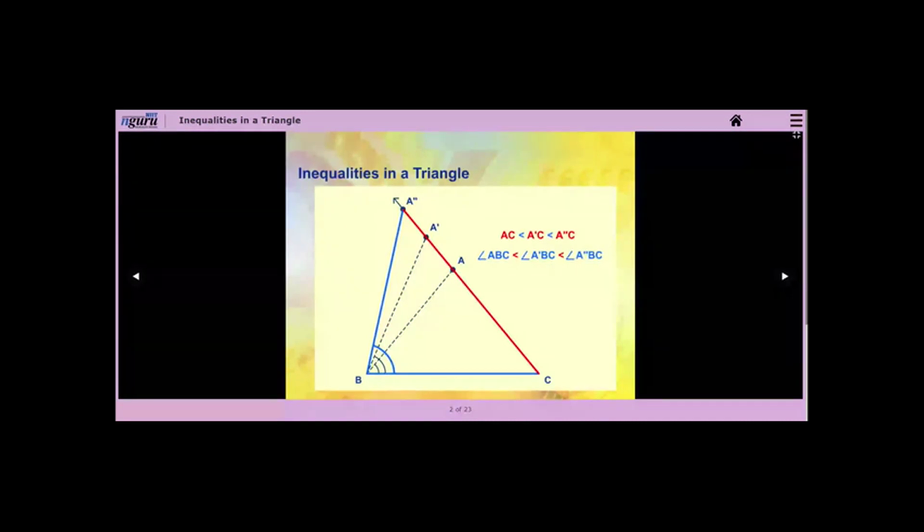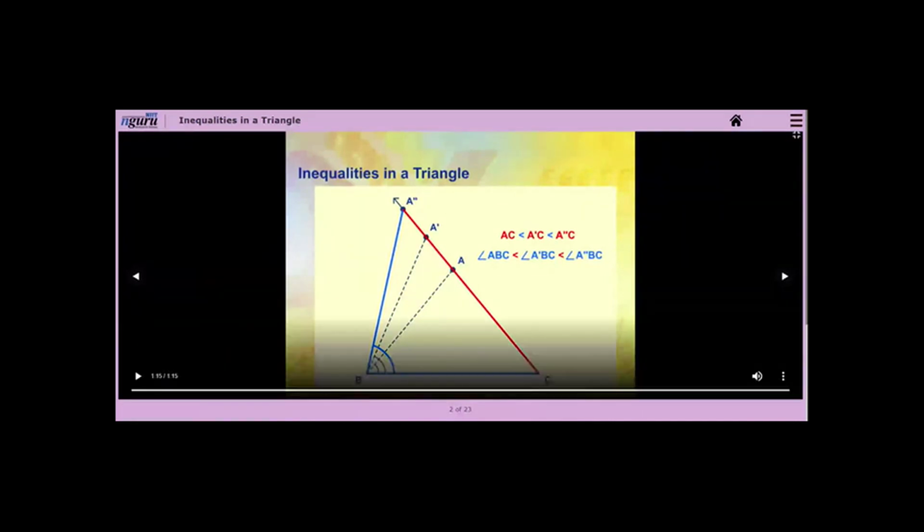Hence, we can conclude that if the length of a side increases, the angle opposite it also increases. Did you understand? Yes, ma'am. As the length of the side was increased, the angle also became more.